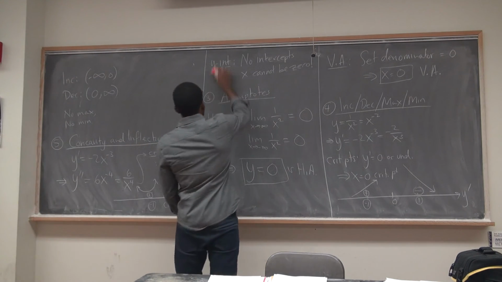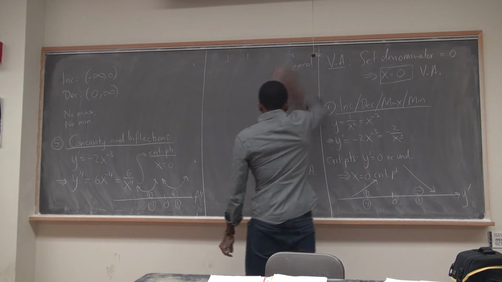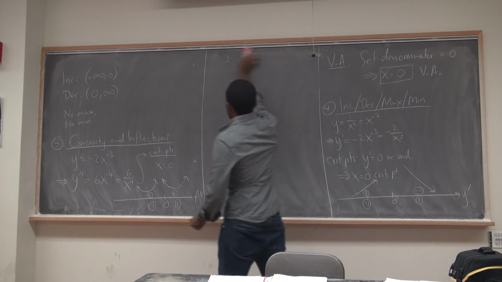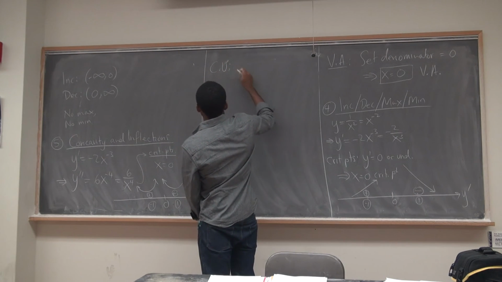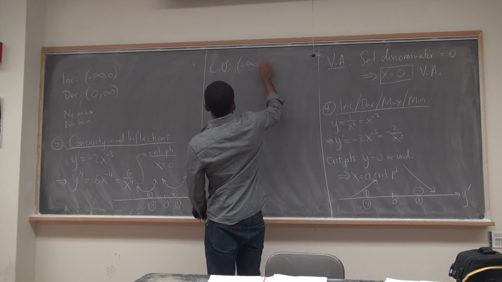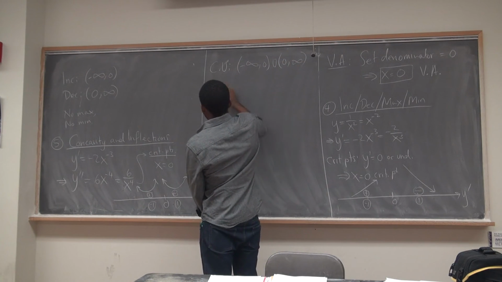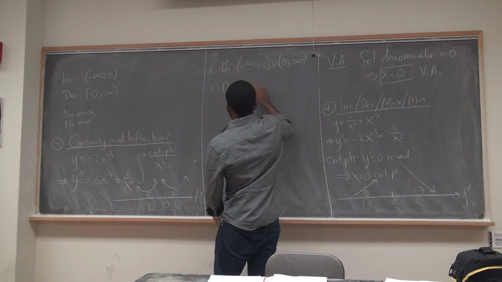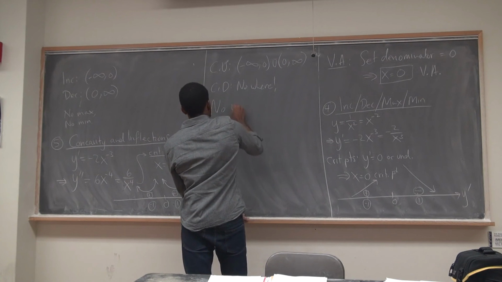So all I get from this is just the intervals of concavity. So now I know I am concave up on negative infinity to 0 and 0 to infinity. I am concave down nowhere. There are no inflection points.